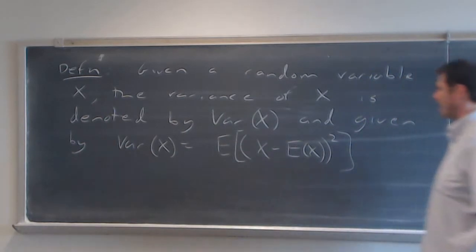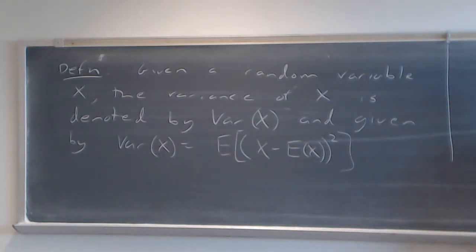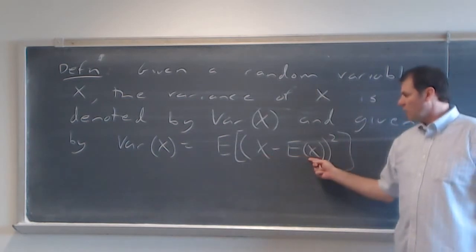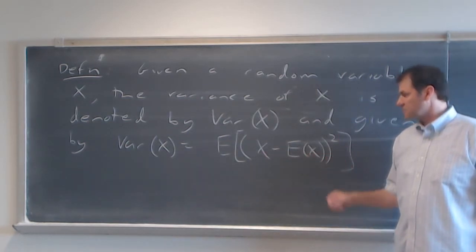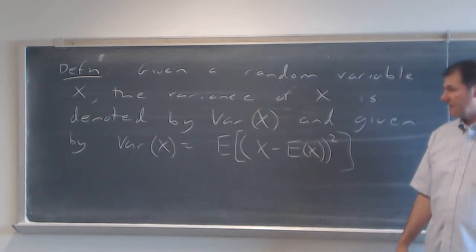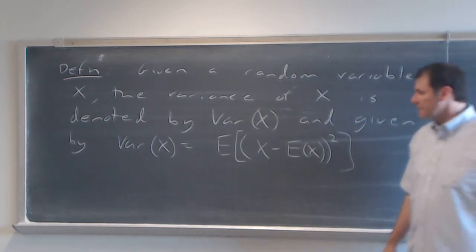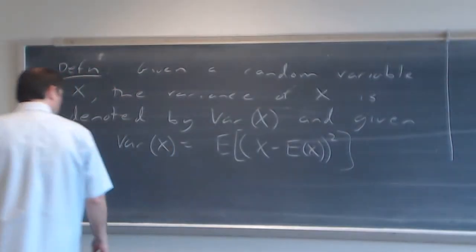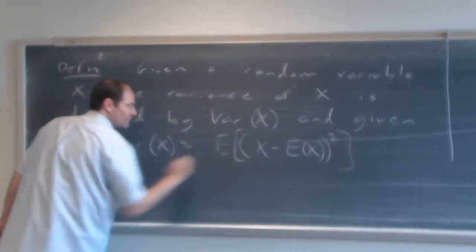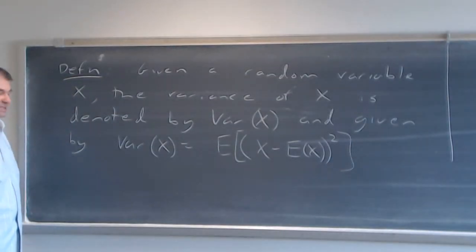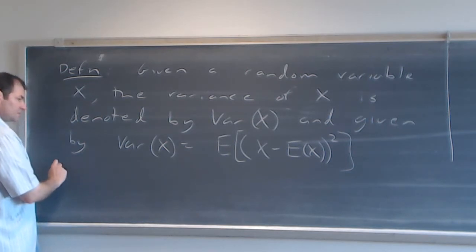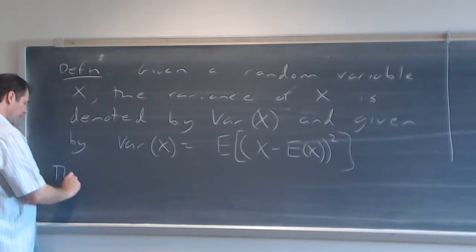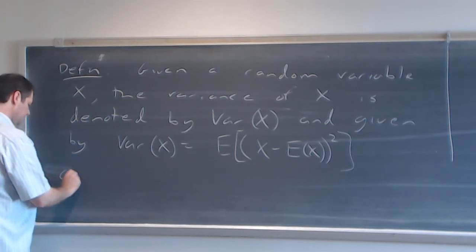So it's an expected value of this quantity. This function, (X minus the expected value of X) squared, can be thought of as a function of X, and we know how to take the expected value of a function of X by a previous definition we had in our last video.